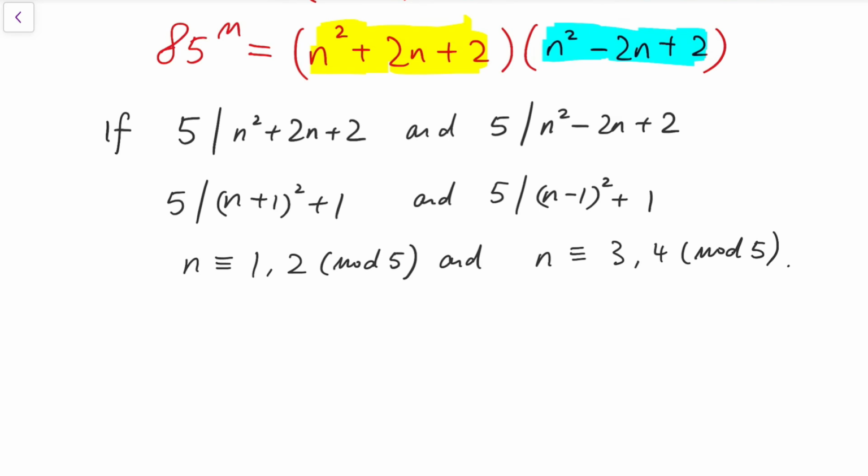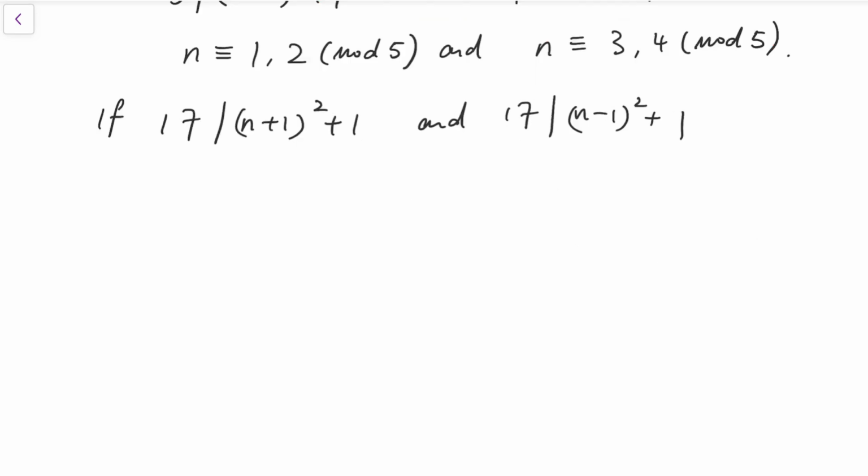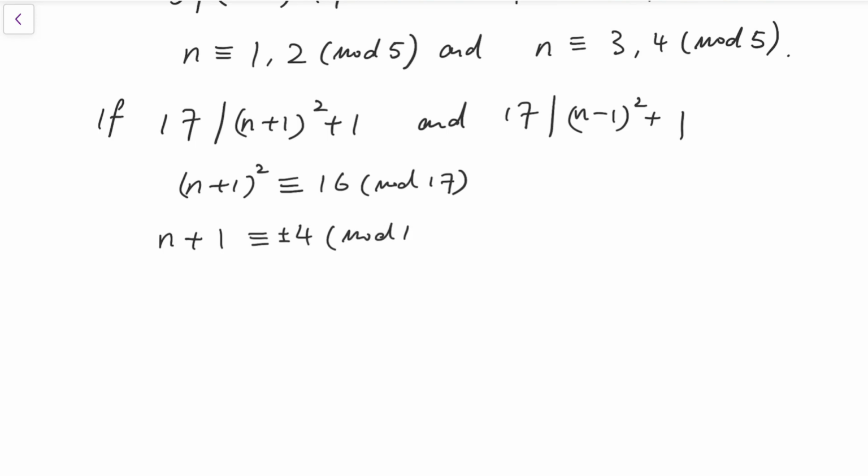Now what if they share the prime factor 17? We have n plus 1 all squared congruent to minus 1 mod 17, which can be replaced by 16 for the remainder. And so we can consider n plus 1 congruent to plus or minus 4 mod 17, and that means n is congruent to either 3 or minus 5 mod 17.